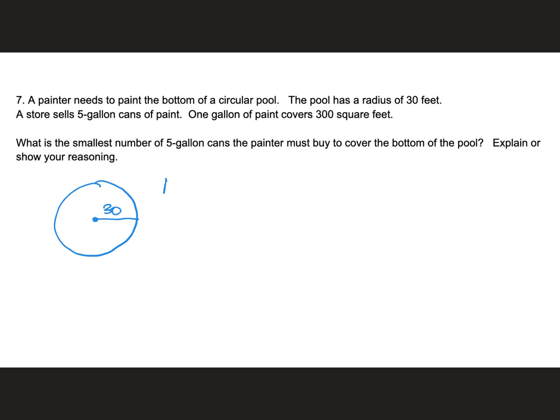So first I need to find the area. The area is equal to pi times the radius squared. Now in this question, you for sure should be using a calculator. So area is equal to pi times my radius, which is 30 squared. So you plug that in. Let's just say 3.14 times 30 squared.